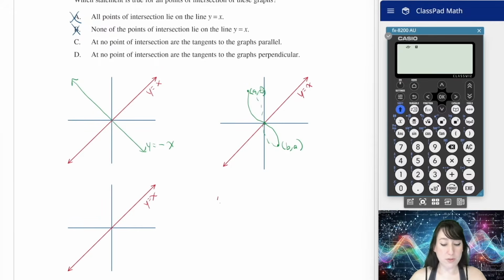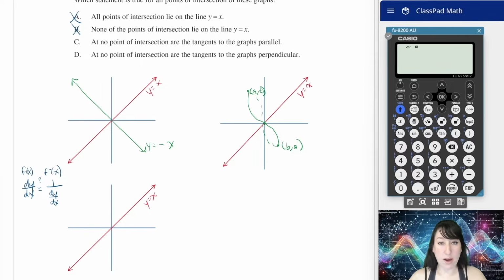So, would it be possible for them to have tangents that are parallel at a point of intersection? Well, let's consider the tangent to the function, dy/dx. We know that the gradient of the inverse would be 1 over dy/dx. Could they be equal?